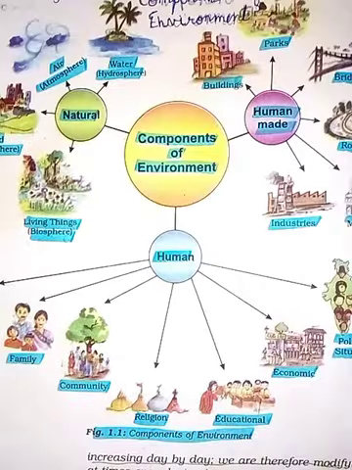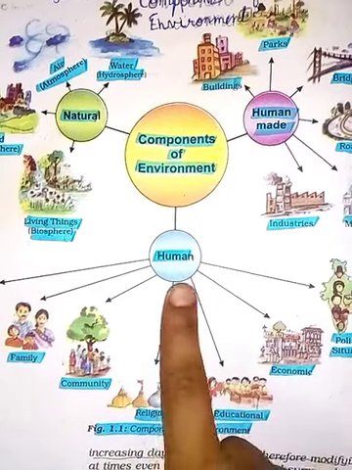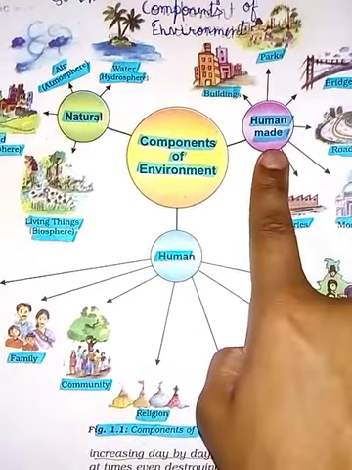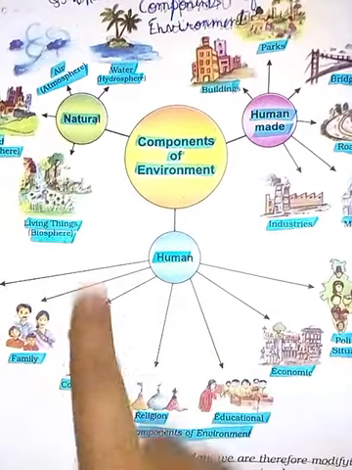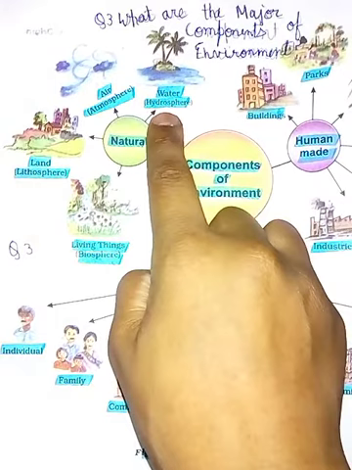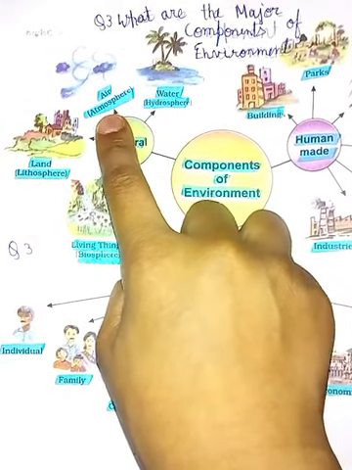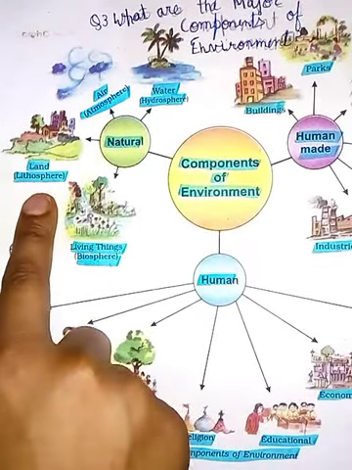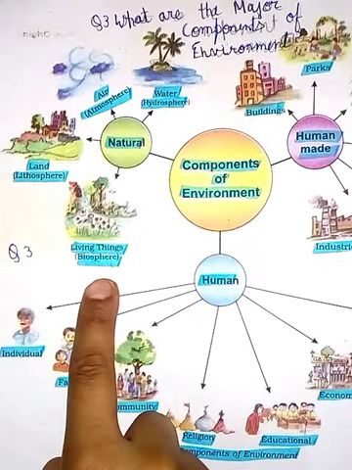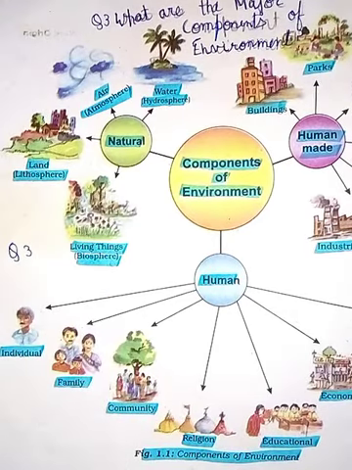Now let's read the components of environment. There are three components of environment: human, human-made, and natural. Natural, for example, water, hydrosphere, air, atmosphere, land, lithosphere, and all living things called biosphere.